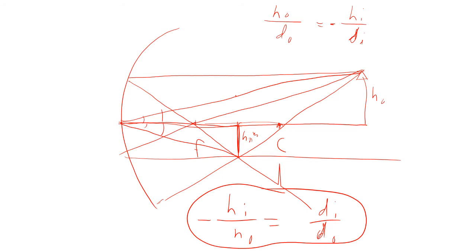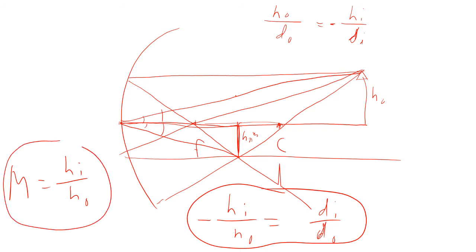Now, negative HI over HO is our magnification right here. Magnification is HI over HO. Since it's negative, this is negative magnification.